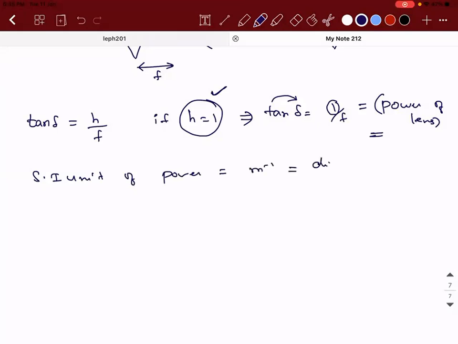Meter inverse, which in this context is called diopter, represented by the symbol D. So power is equal to 1 divided by f if f is measured in meters, or the same thing can be written as 100 divided by f if it is measured in centimeters.